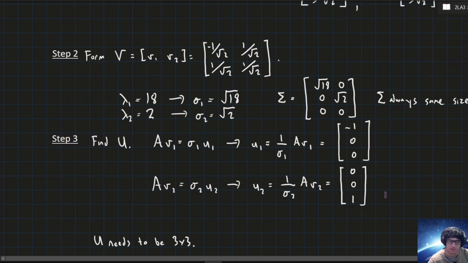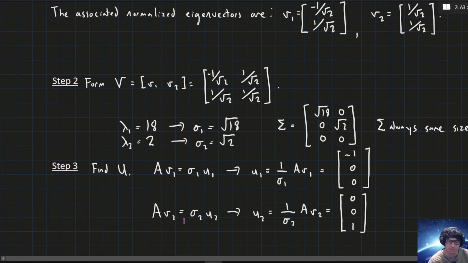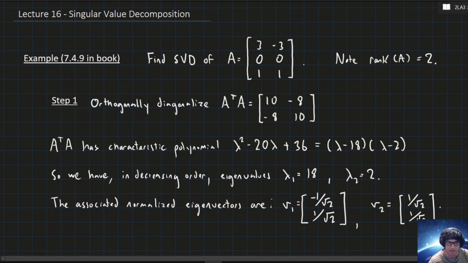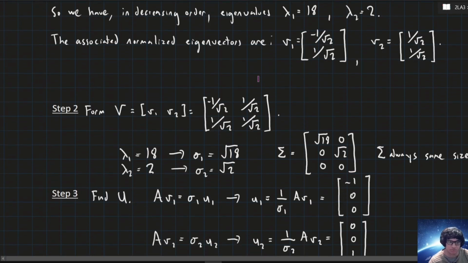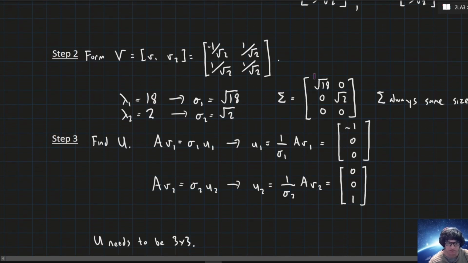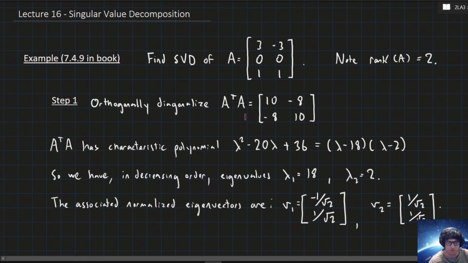So we're not done yet. U is a 3 by 3 matrix. U has to be m by m, and we have 3 columns here.